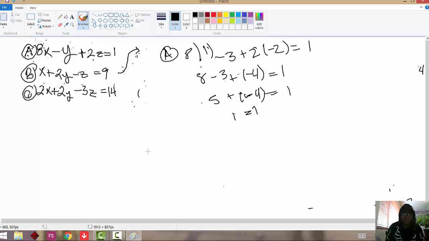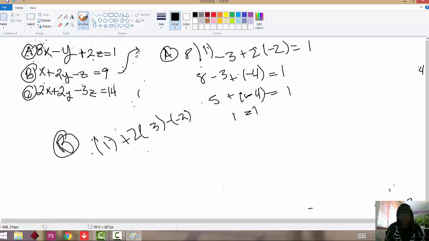And so we're going to try the next one. It's B. We're going to put it over here somewhere. So I'm just going to write sloppy because we already have the answer. I just want to make sure everything works. So let's do this. X is 1 plus 2 times 3 minus negative 2 equals 9. 1 plus 6 plus 4 equals 9. 6 plus 4 is 10.